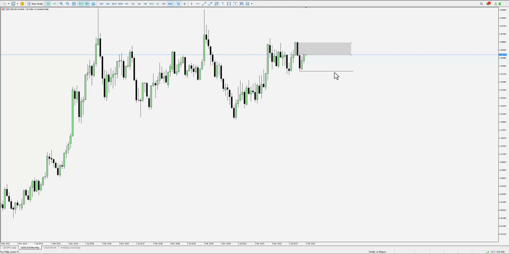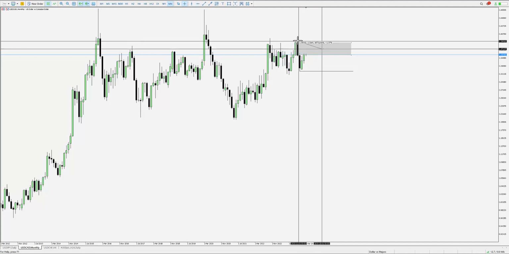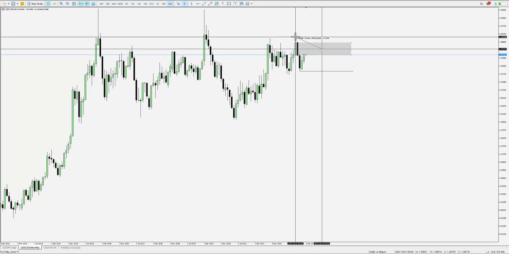Remember, we are forecasting a weaker dollar this whole year, so this is going to be a target if you are doing a swing trade, right? The equilibrium level of the monthly bearish order block right there at 1.37130. So you're looking at about 250, 300 pips as your SL.